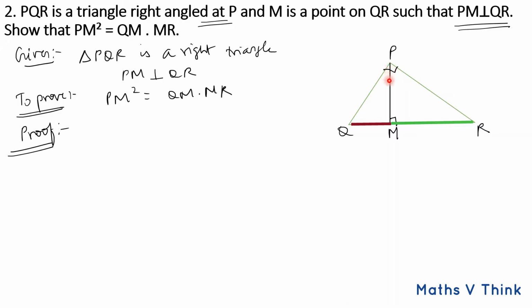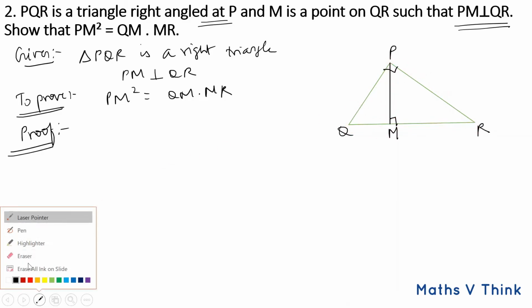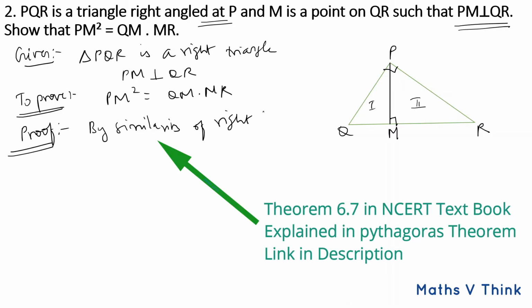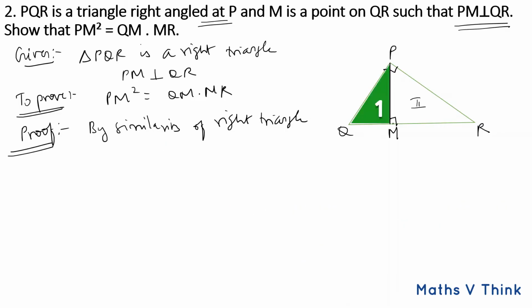So in the triangle, PM is involved and QM is involved and MR is involved. So I need to prove that this triangle is similar to this triangle. So I'll name this as triangle 1 and triangle 2. By similarity of right triangles, can I tell this triangle 1 is similar to the whole triangle?